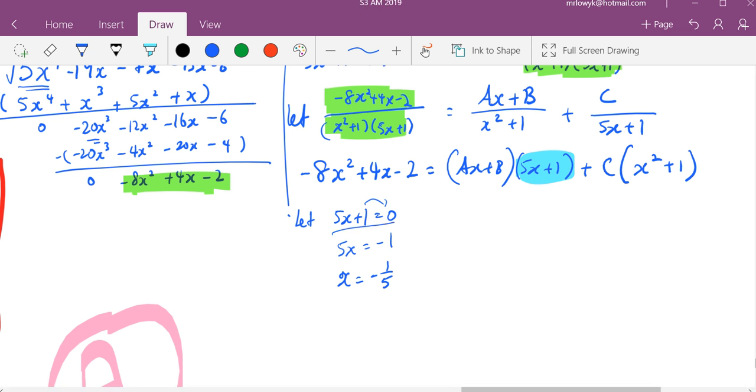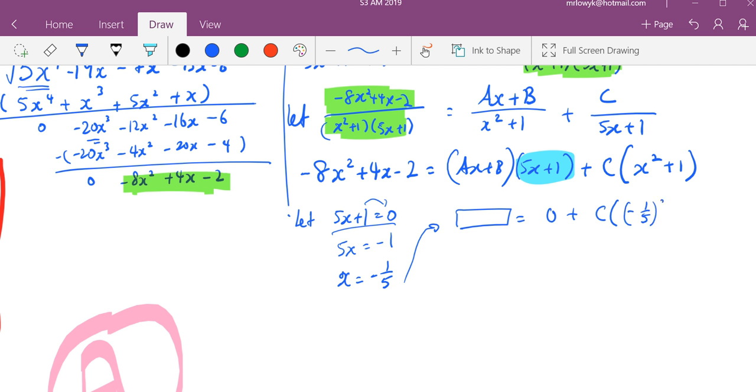You let it be 0, then you slowly work it out. So then you put it in, then you have something equals 0 plus C times negative 1 over 5, remember the bracket, plus 1. Then straight away you find C equals to something. You can compare, but I don't like to compare.